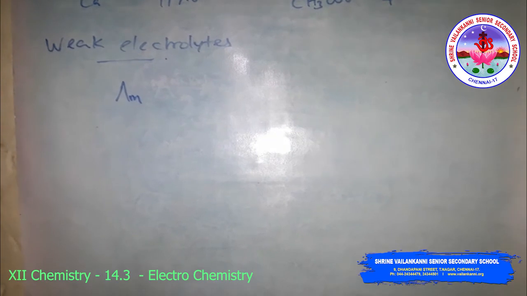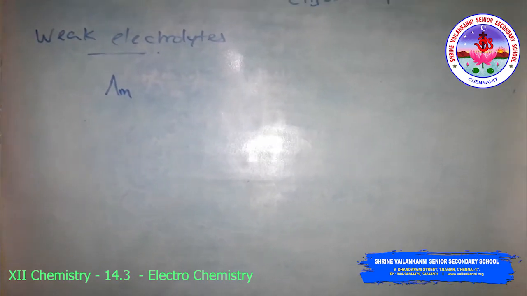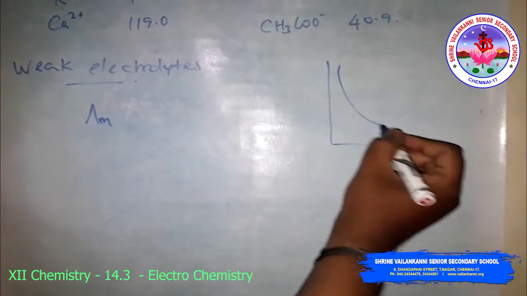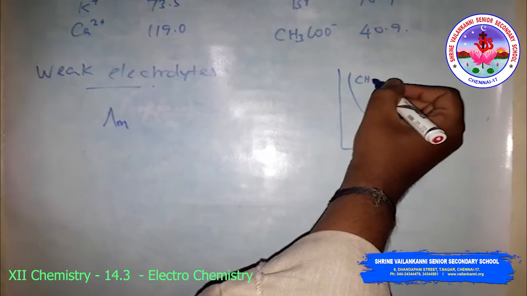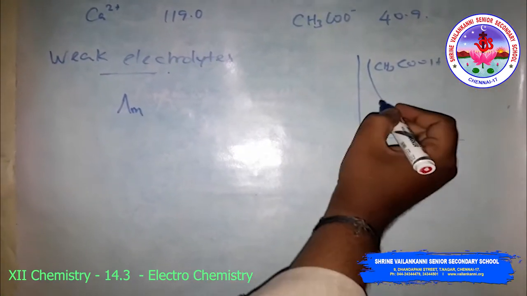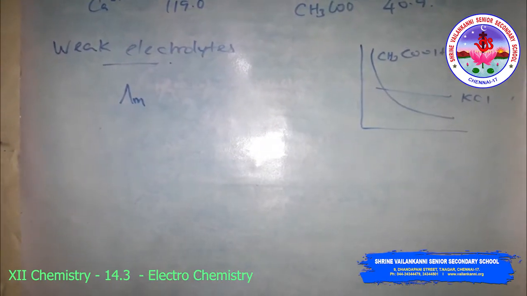So the molar conductivity increases steeply. We already saw that graph for acetic acid, CH3COOH, and for KCl; here it increases steeply.